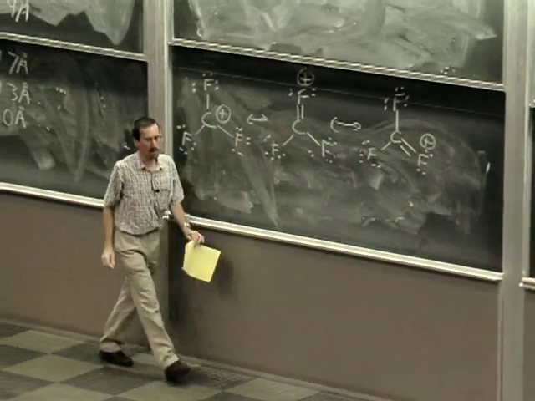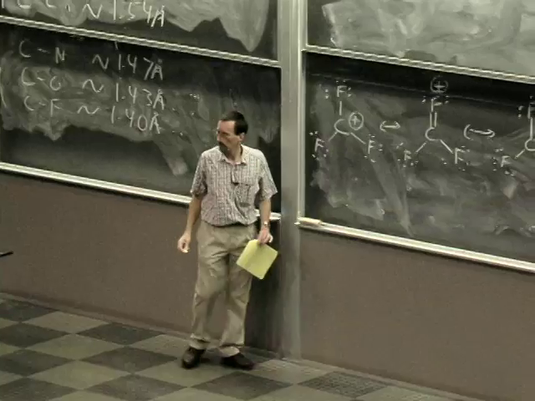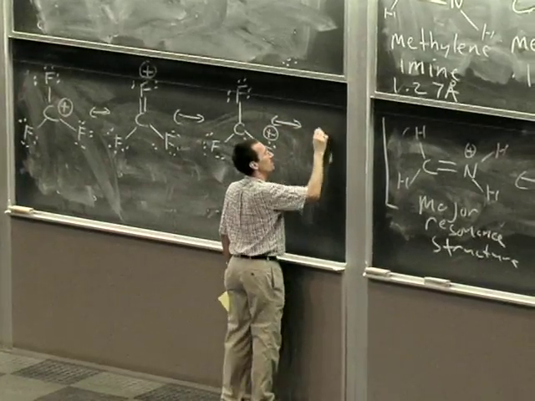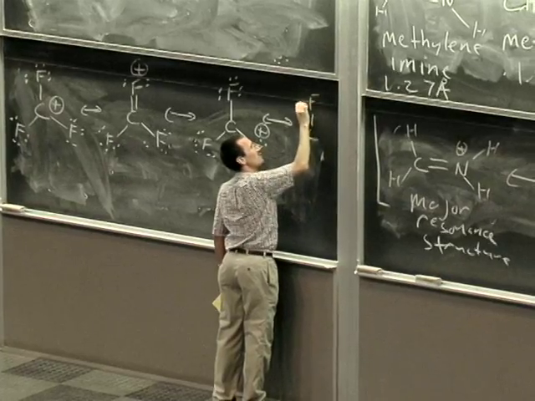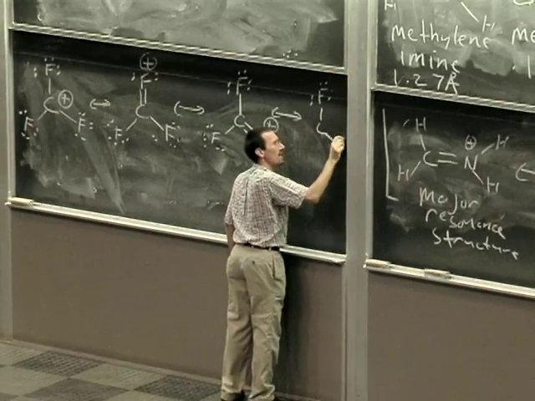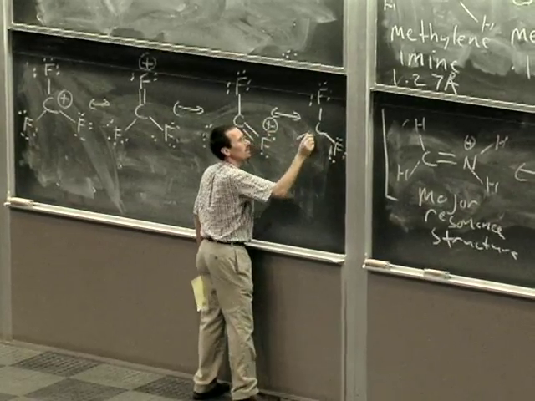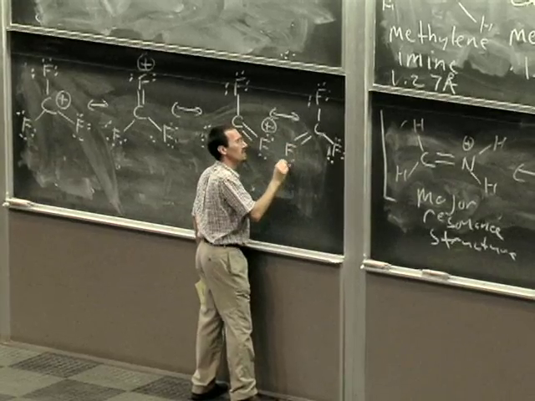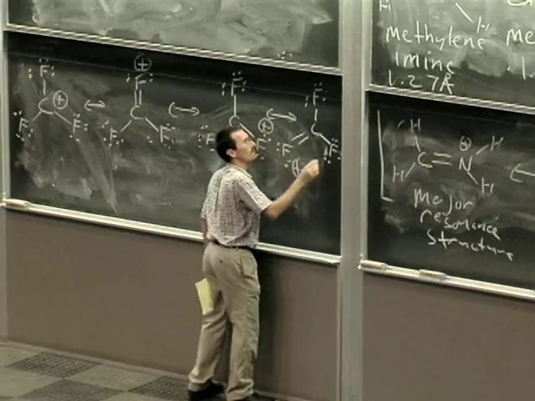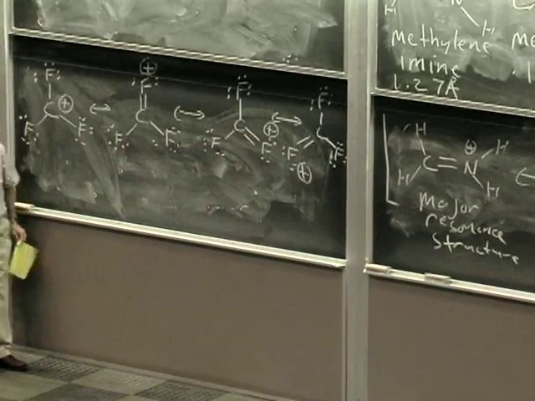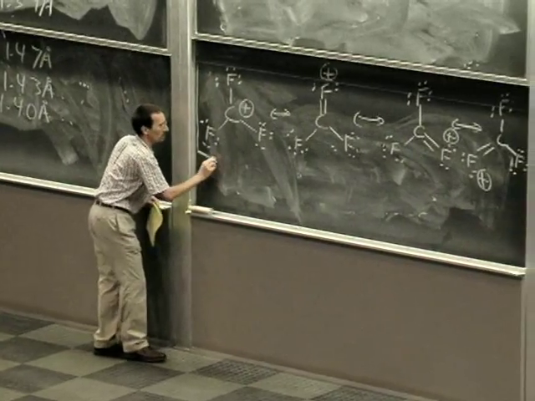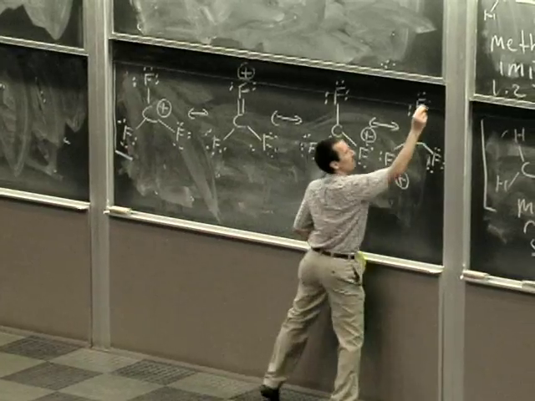One where I have a double bond to the fluorine on the right, and another where I have a double bond to the fluorine on the left. I realize things are a little bit cramped on this blackboard. Together, these 4 resonance structures make up a picture of the trifluoromethyl cation.